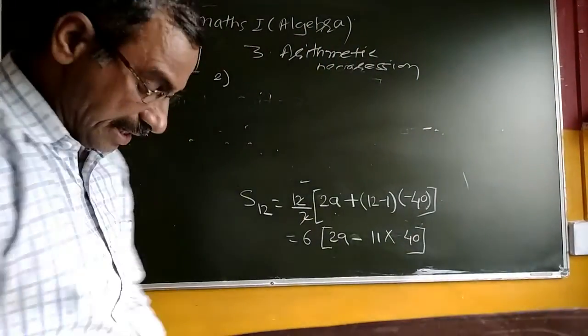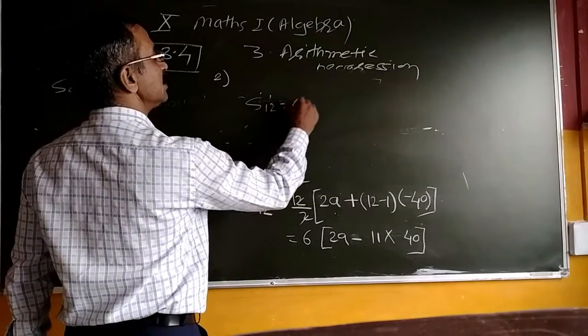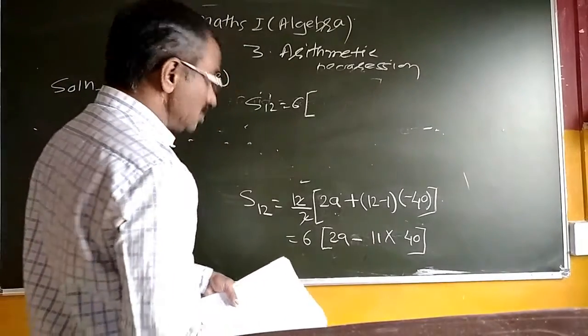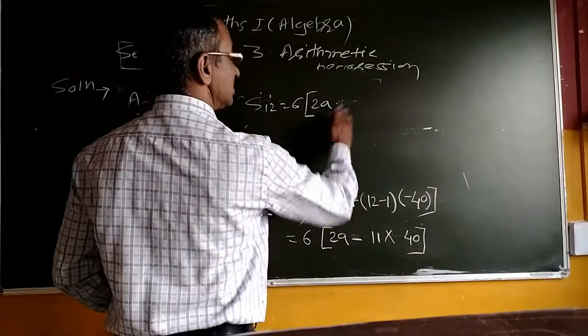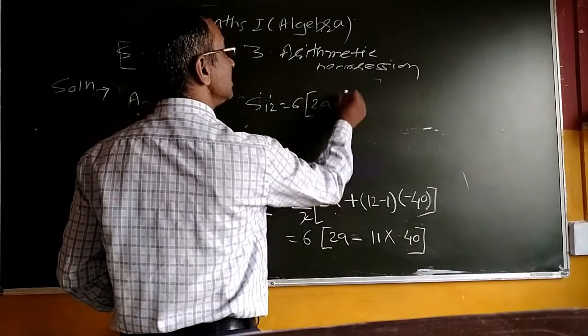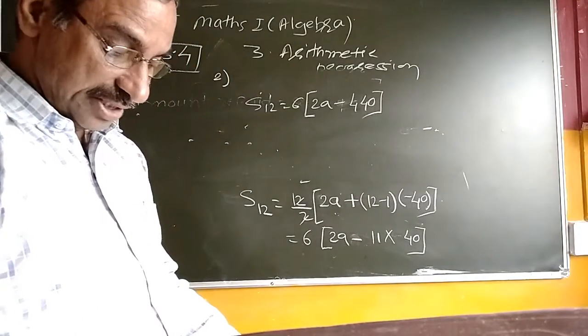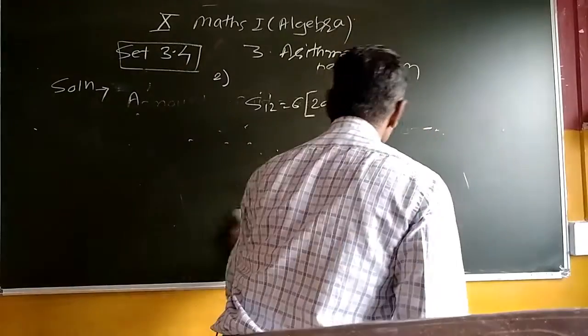S12 is equal to 6 in bracket 2a minus 11 into 40, that is 440. Then the last installment is given here.